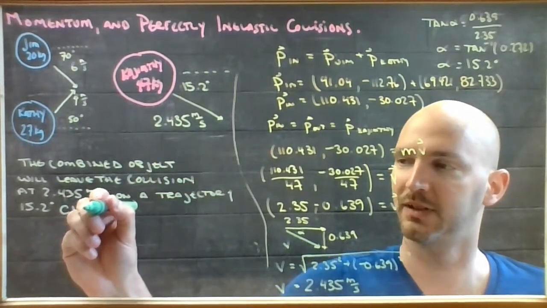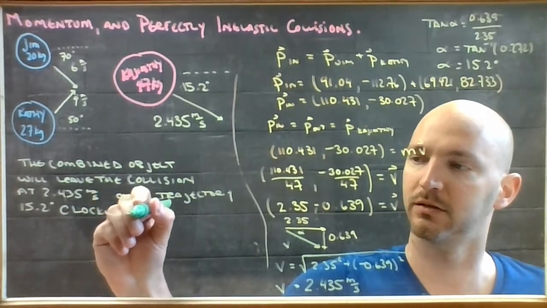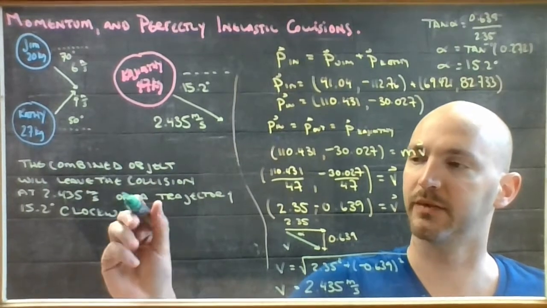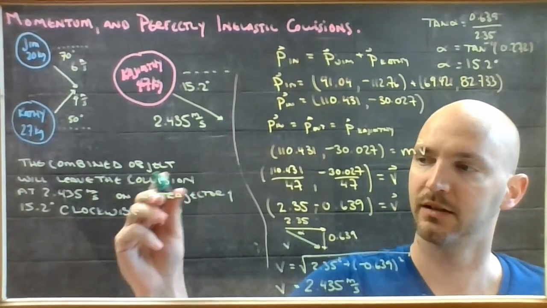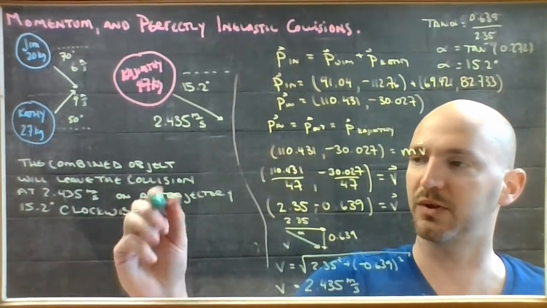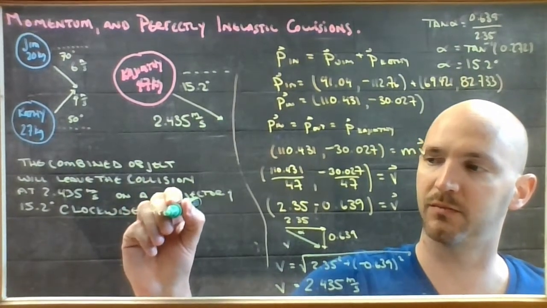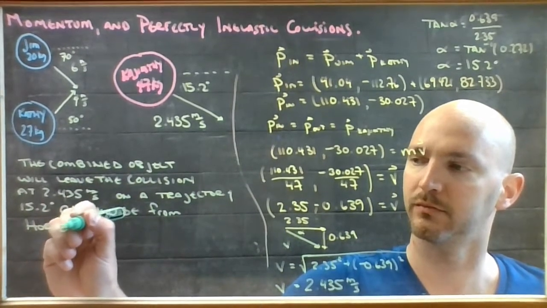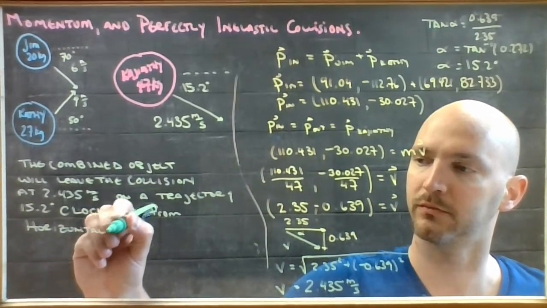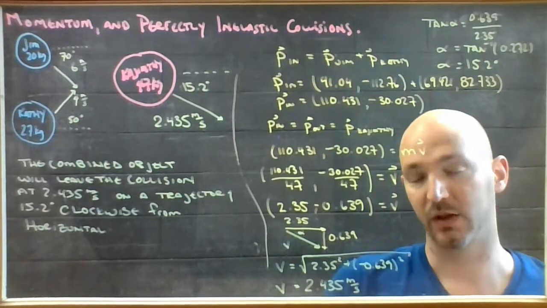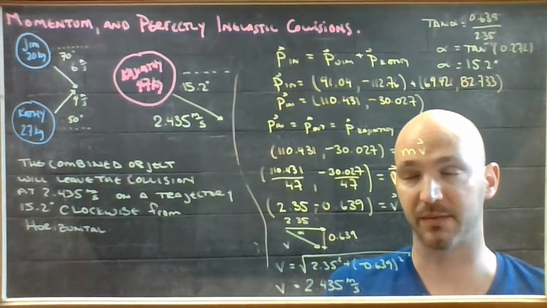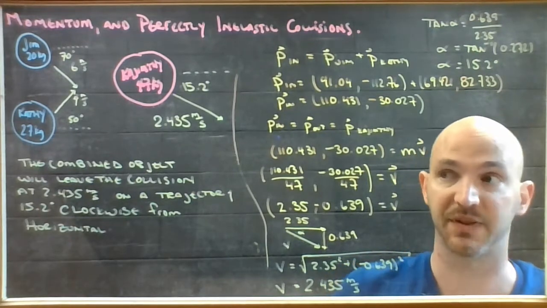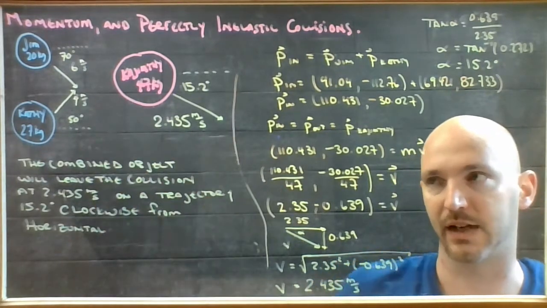Yep. It's been a long day. Clockwise with an S. Trajectory 15.2 degrees clockwise from horizontal. So if you wanted to know the kinetic energy of this particular object, you could pop that number into E equals 1/2 mv squared, and you could get that kinetic energy.